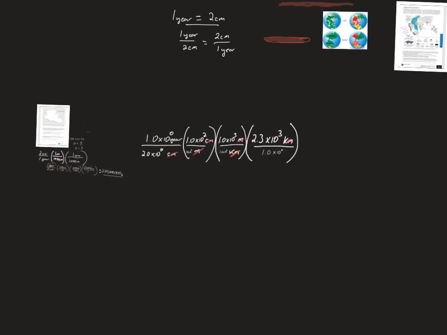Well, let's just do the integers, these numbers in front of the multiplication sign, you're going to go ahead and multiply. So 1 times 1 times 1 is 1, times 2.3 is 2.3. That's easy. And by the way, this initial one was wrong.